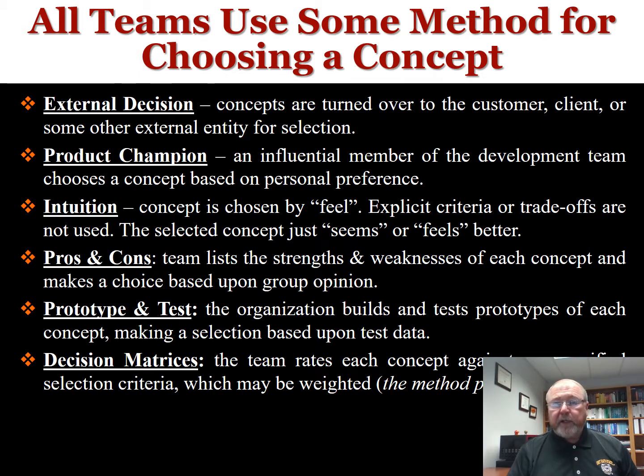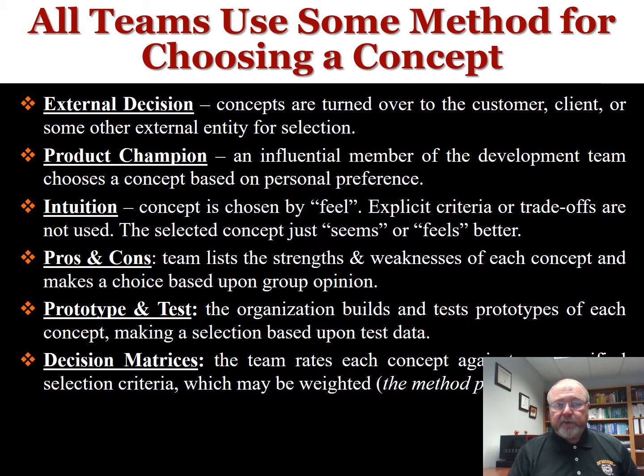But ultimately, it is that customer or client who makes the decision as to which one they move forward with. That would be an external decision. Product champion, maybe an influential member of the product development team or the service development team itself, who chooses which one to move forward with, based on personal preference that we hope is professionally informed or experientially informed. Intuition, that gut feel, sometimes we do that.